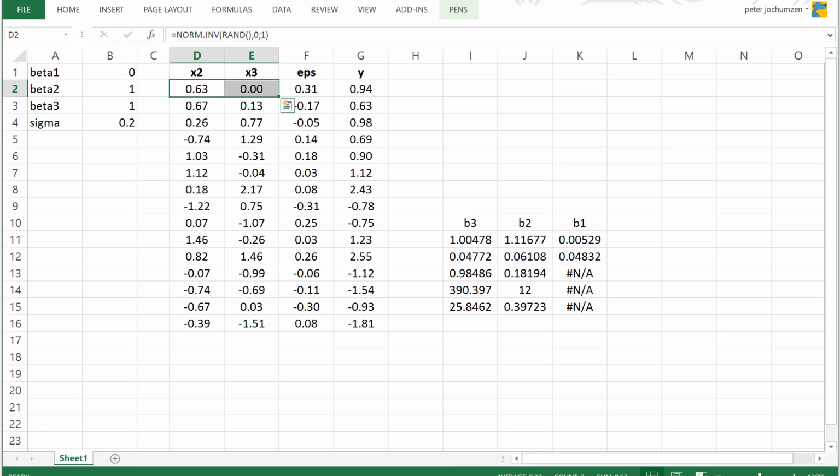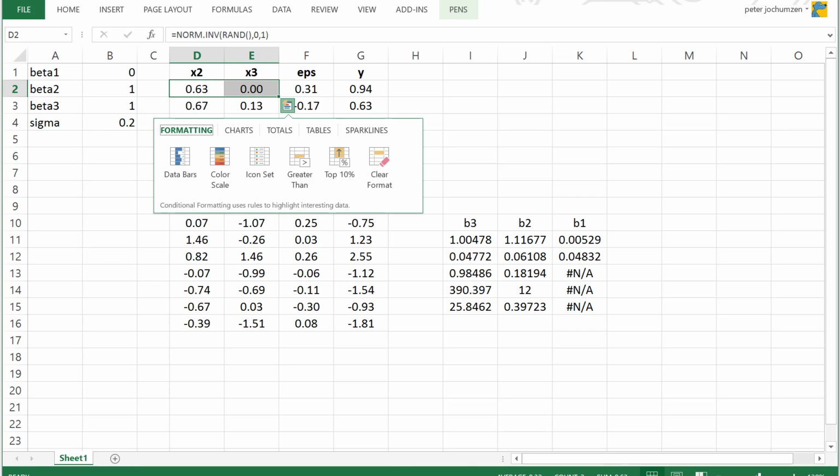The way I have simulated my data now, I cannot investigate this issue because I have simulated the data so that x2 and x3 are completely independent. That's the perfect case for doing data analysis. If you want to make the OLS estimator happy, then do simulations with independent explanatory variables.